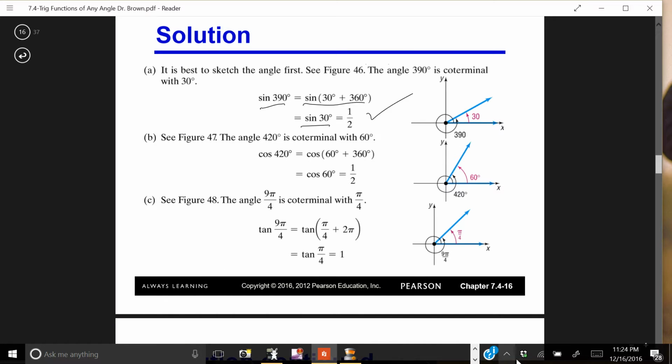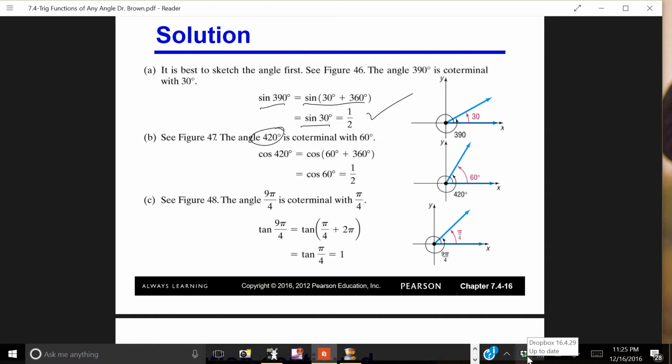Now, let's do 420 degrees, which is around once 360 degrees plus 60 degrees. So the cosine of 420 is also going to be the cosine of 60 degrees, which happens to be 1/2.